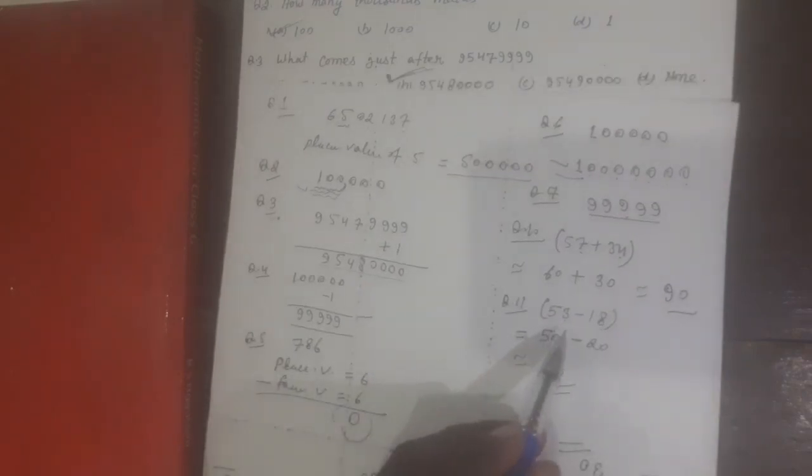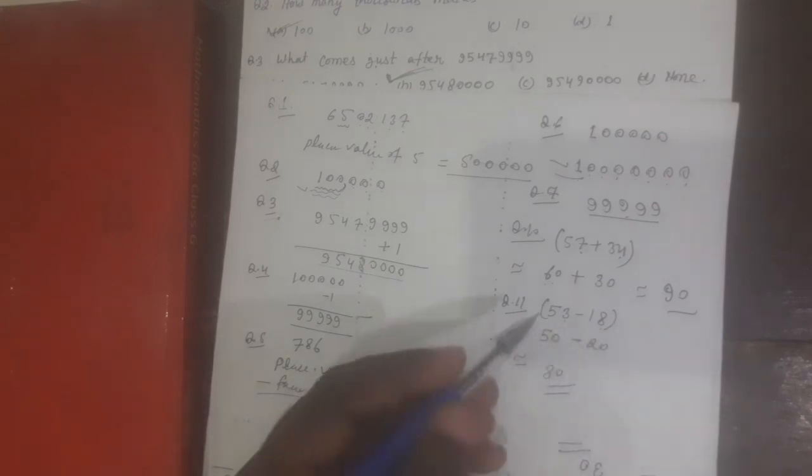Similarly, move to question number 11. Question 11 says estimate the following difference: 53 minus 18 to the nearest 10.